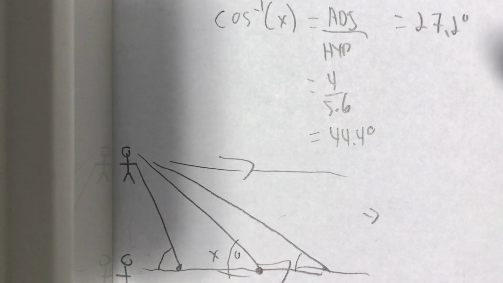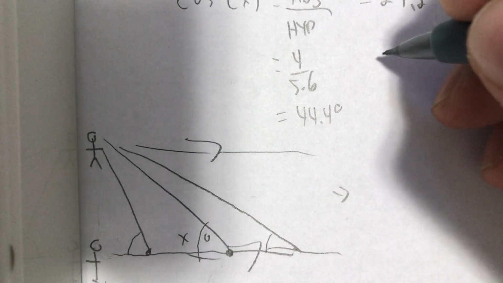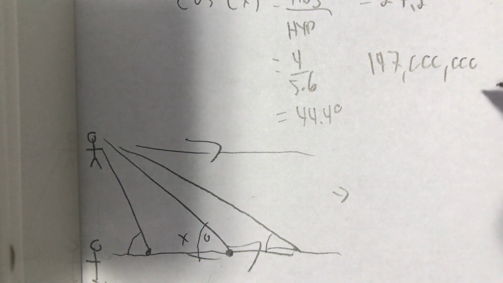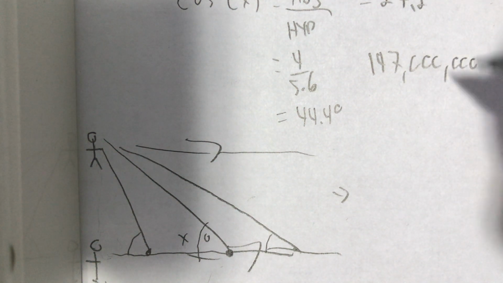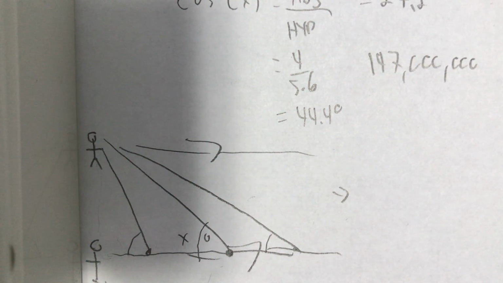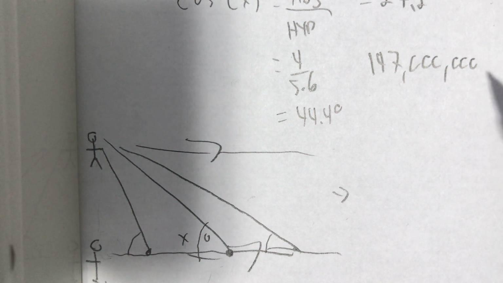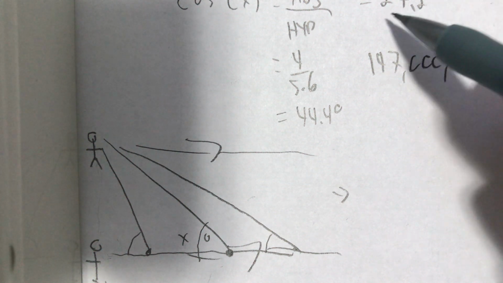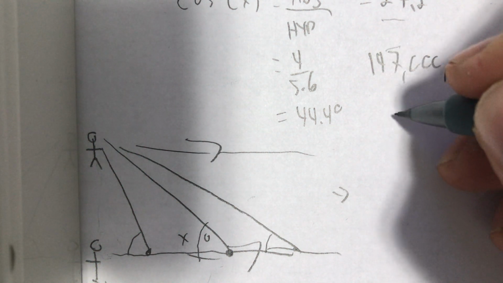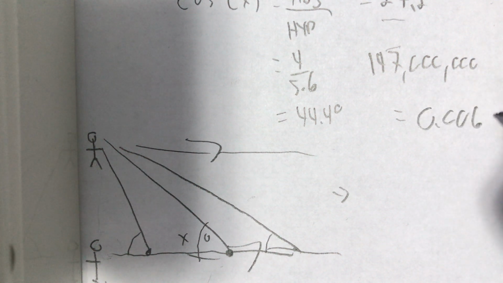Now, if you look at the sun, which is 147 million kilometers away, versus even if the two observers were, say, 1,000 kilometers apart, that sun is so far away that the angular difference between one observer and the other is so small mathematically that if you run the same math, it comes out to 0.006 degrees.